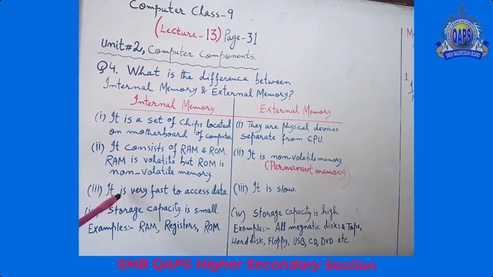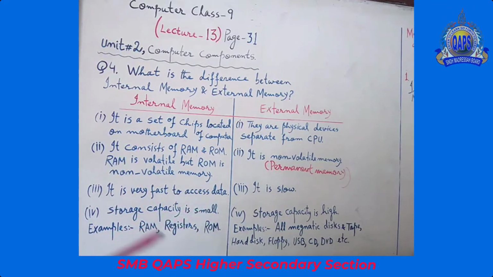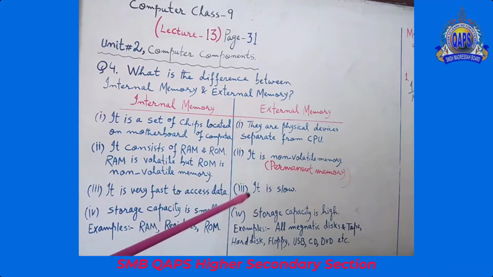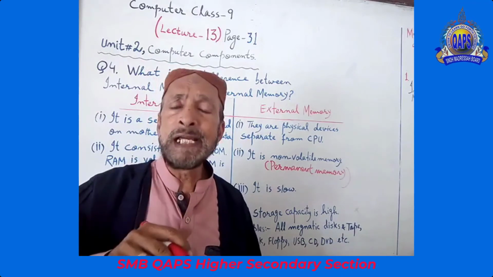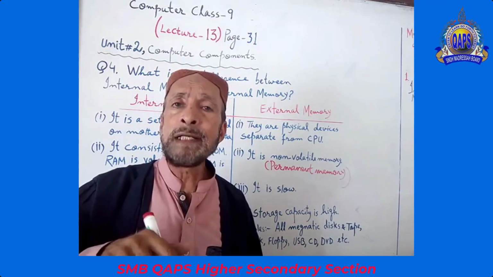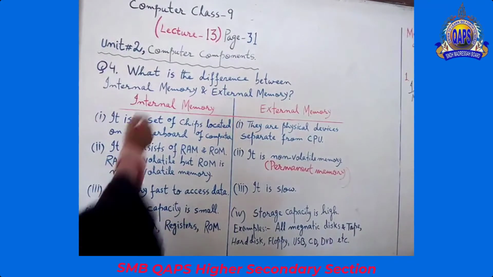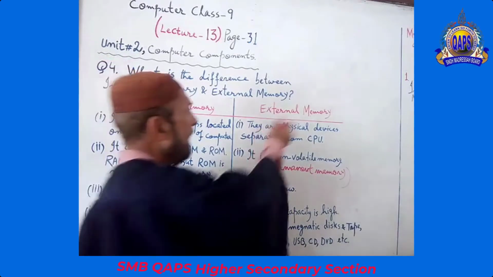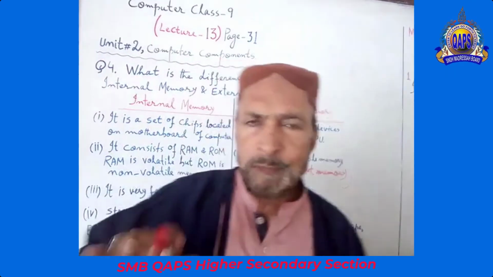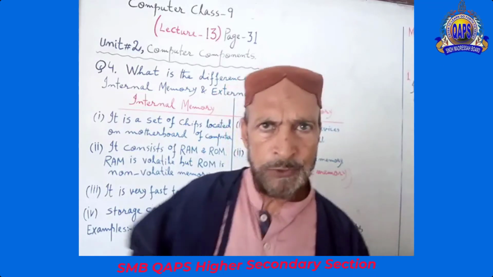Number three, it is very fast to access data. That means it is very fast in processing. Number three, external memory is slow, slower than internal memory. Remember this thing. Internal memory is fast in processing, but external memory is a little bit slow as compared to internal memory.